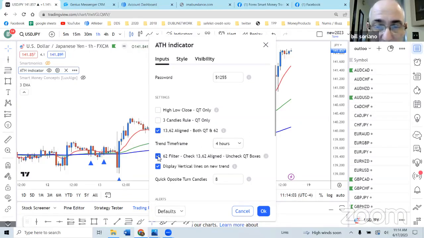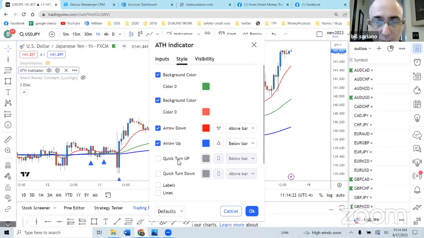Then this 62 filter means that you only get ATH signals when price pulls back and hits the 62 moving average. Okay, and then display vertical lines on the new trends. So all that is selected for you.